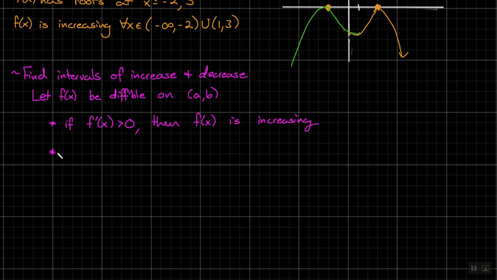And on the other side, if f prime of x is less than 0, then f of x is doing something different. Decreasing. Okay. I'm going to give you all a second because I want to make sure we get this. Be really careful. You need f prime and all that stuff.